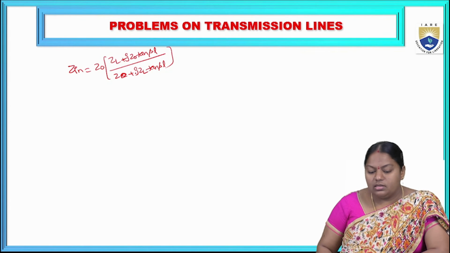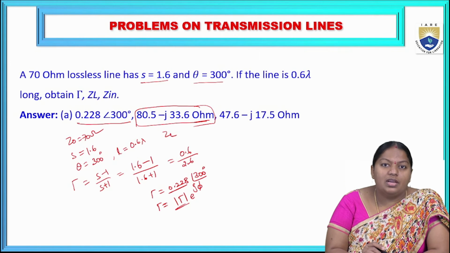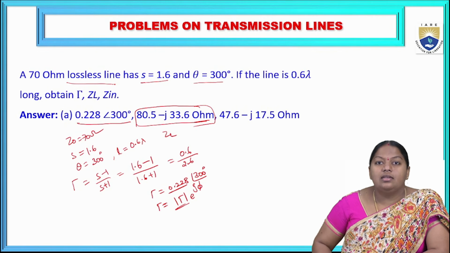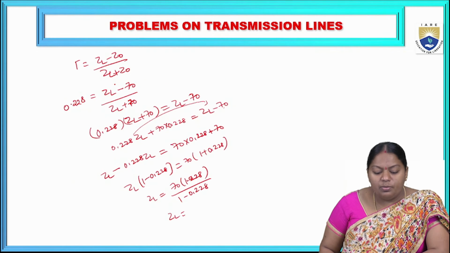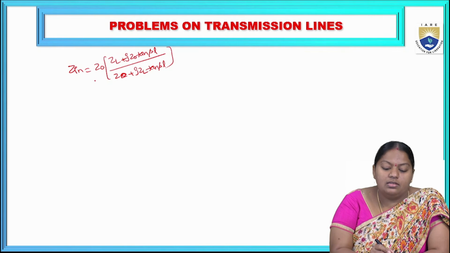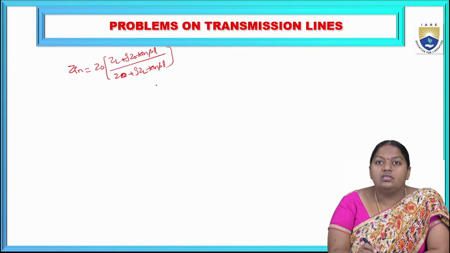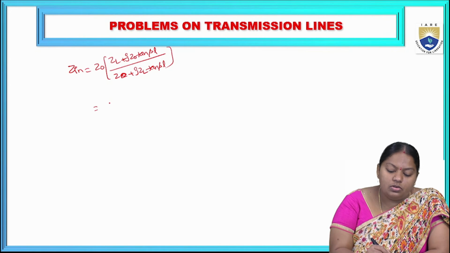Why have we considered this formula? Because the given line is a lossless transmission line. Hence the input impedance of the lossless transmission line is given by Zin equal to Z0 into (ZL plus jZ0 tan beta L) by (Z0 plus jZL tan beta L). Now substitute all into this.